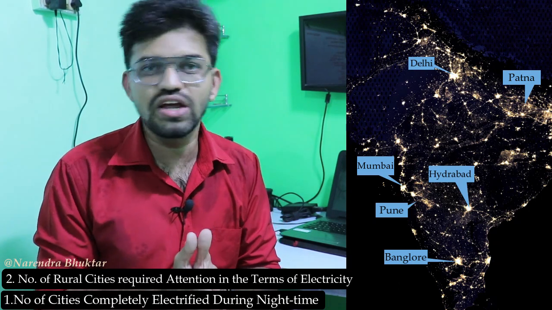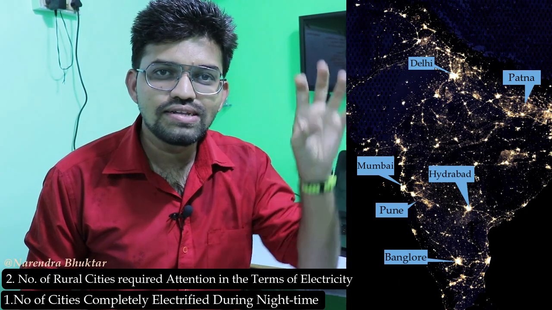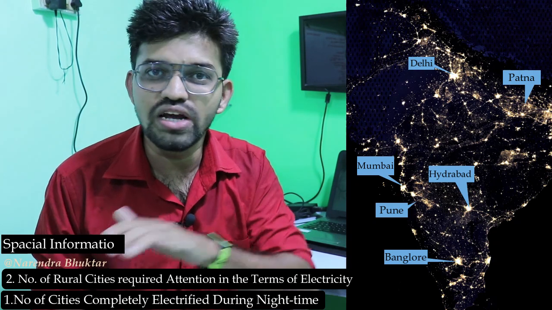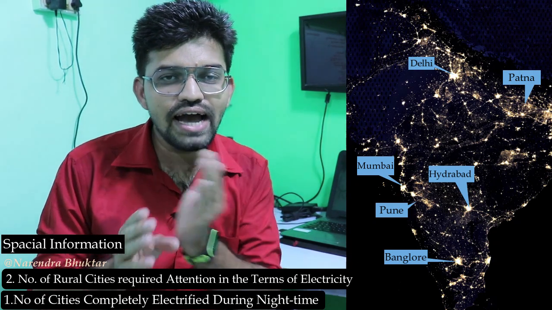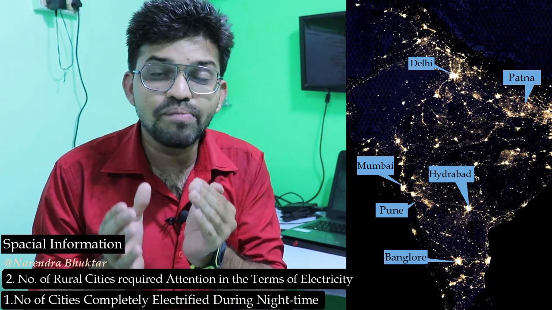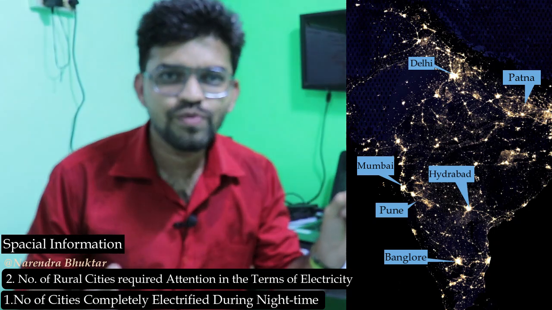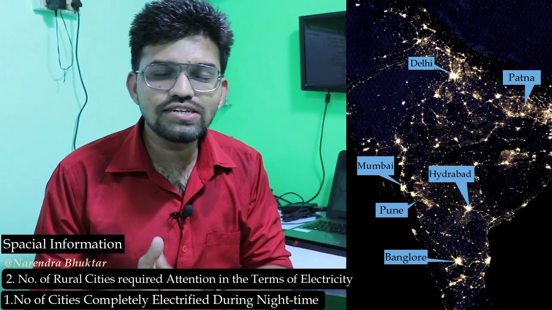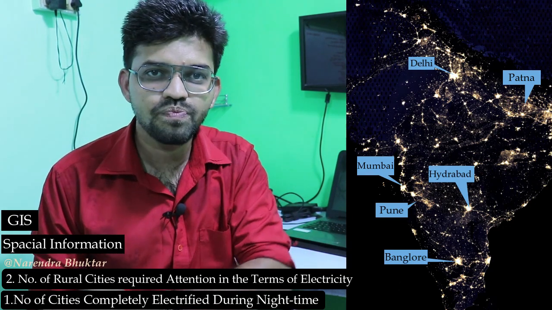This information that we are getting from this simple picture is known as spatial information. Over here I am linking some data to an image, a satellite image. This linking we can call GIS, the Geographic Information System.